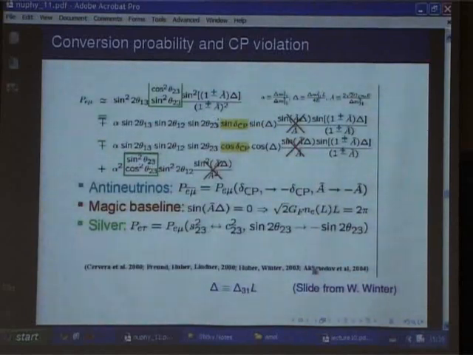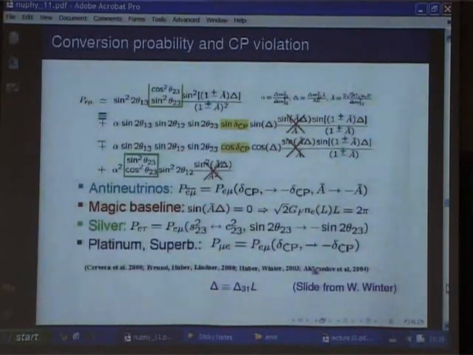This was sine 2θ_23, so that doesn't matter. Again, these are the sign changes. So you get the green minus signs here and here, and you get these interchanges inside these green boxes. So this is just a good slide to have, which tells you expressions for many things.